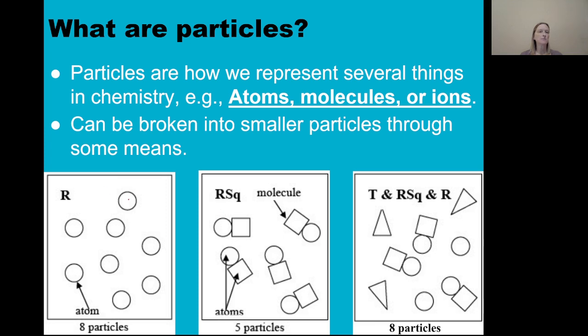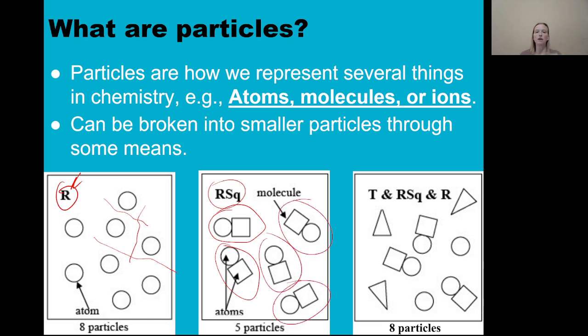so in these pictures here, in this first picture, which is labeled R, this represents atoms. Each atom is separated from other atoms by white space here, so you can see that each particle is separate from the others, and here each particle is an atom. But in this next picture, labeled RSQ, we have 5 particles. 1, 2, 3, 4, 5.